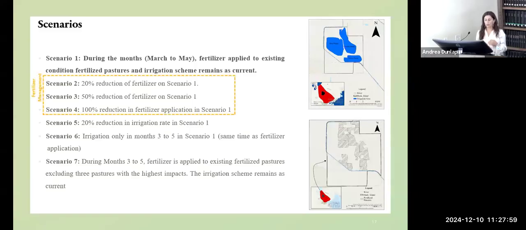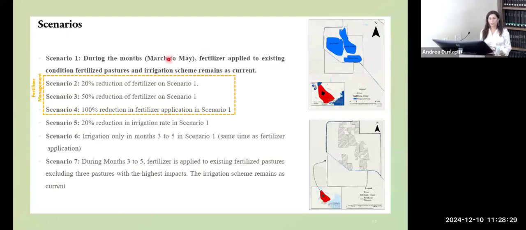Scenario 1 was our base scenario, which is the existing condition. During the months of March to May, they apply fertilizer to the pasture, and the irrigation system there, which is based on back pumping, is presented in the top map.